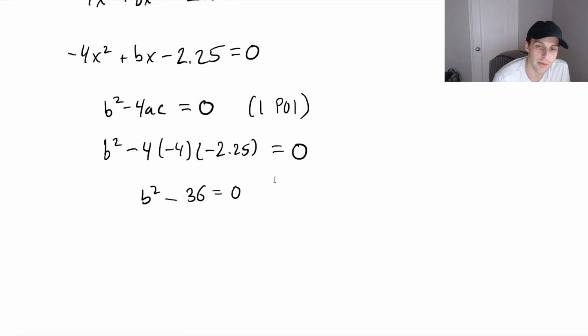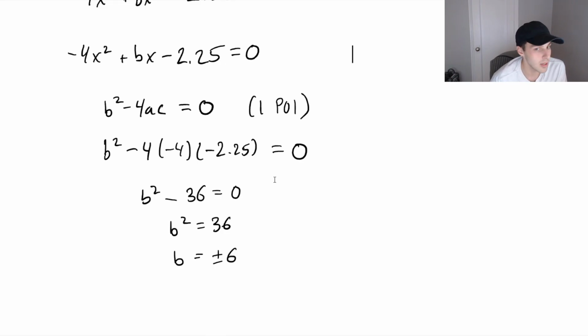Or if your mental math's not great, use a calculator, and there you go. b squared is 36, and we get b is equal to plus or minus 6 by taking the square root of both sides. b is going to be our positive value here.